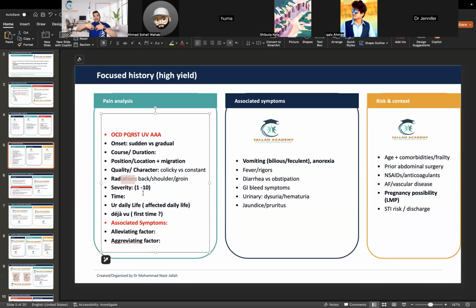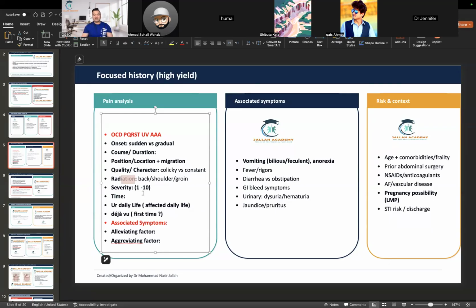If it radiates to the groin or the right testicle, the patient may have a stone in the ureter. But if it is a female, it will radiate to the right lower groin or right labia.